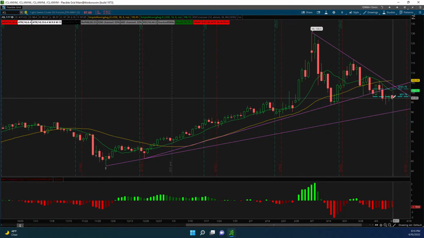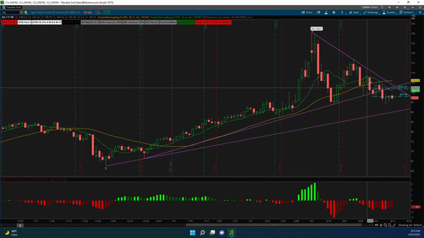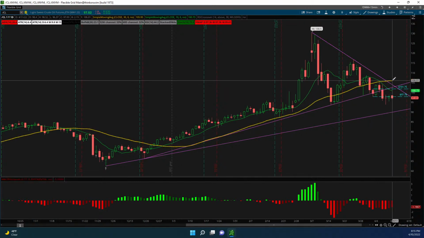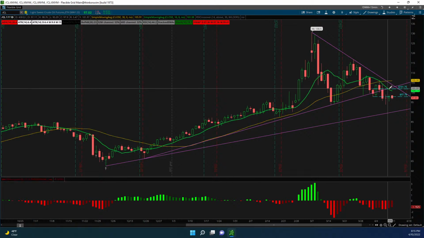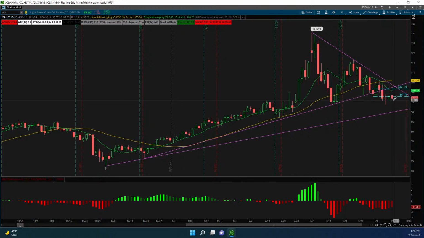Right now my bias is to the downside, within this trend, and it's moving down. It's below the 30 day moving average and below the 10 day moving average. My bias at this point is to the downside just because it's below the opening range. It needs to move higher to prove me wrong.